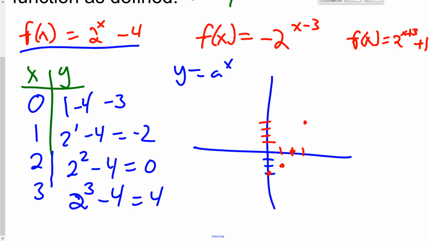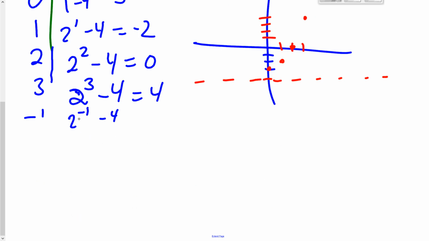Okay, so if you think this continues to go down, well, we already talked about this is our horizontal asymptote, right? At y equals negative 4. So at negative 4, it's not going to cross there. And you can see that if you put in negatives. How about negative 1? Well, that's going to make it 2 to the negative 1 minus 4. Isn't that 1 over 2? Right?